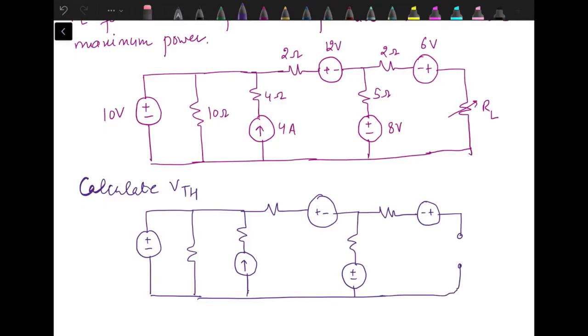This is the load resistance terminals where we need to calculate VTH, for which I have assumed this polarity. 10 volt, 10 ohm, 4 ohm, 4 ampere, 2 ohm, 12 volt, 5 ohm, 8 volts, 2 ohm, 6 volts.